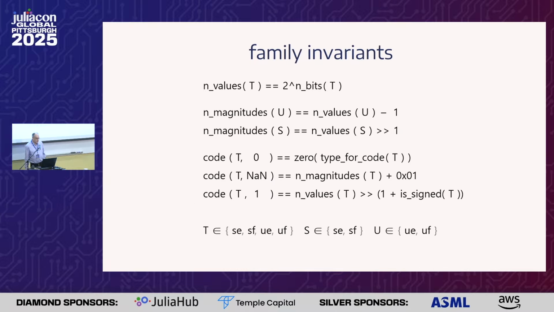Families have invariants, things that are true regardless of whether you're talking about a 3-bit float or a 15-bit float. Let me take a moment to expound on that. We're covering floats where the total bit width is as small as 3 bits to as wide as 15 bits. 16 bits and above is currently with the other standards group.